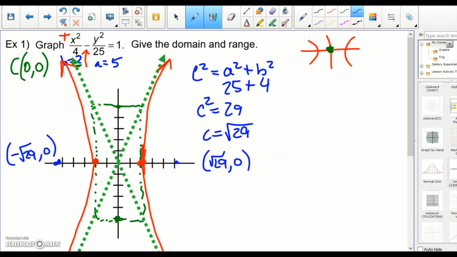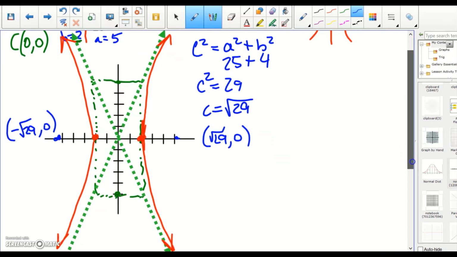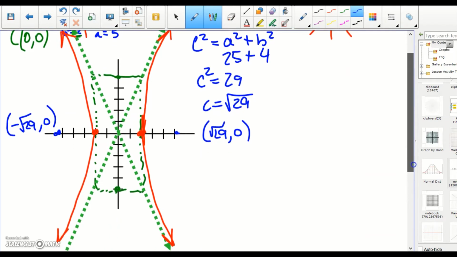So we've got the graph, we need to give the domain and the range. Try to ignore all the other noise and understand that the answer, or the graph, is red. If you look at just the red part, for the domain, squish it onto the x-axis.